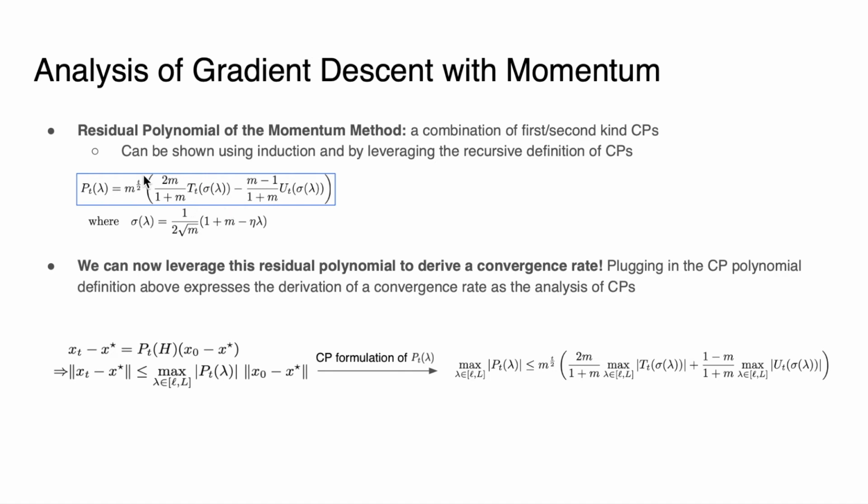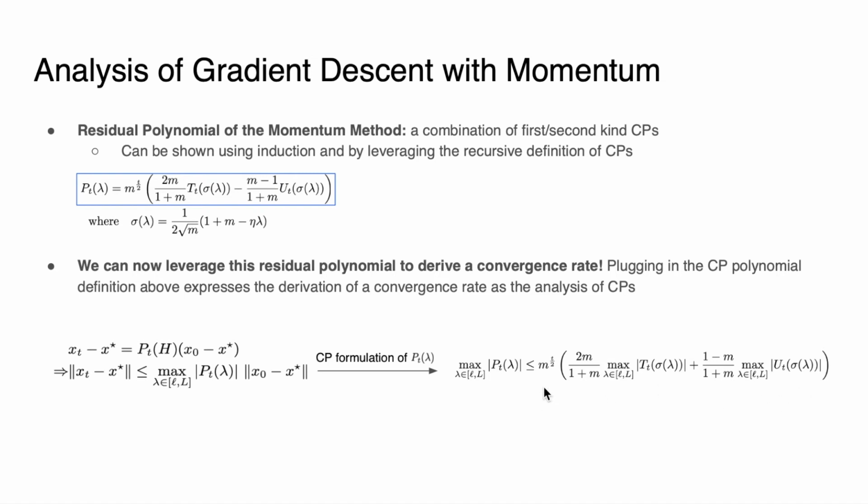If we plug in the definition of our residual polynomial shown here, we see that bounding the value of the polynomial over the eigenspectrum of our objective matrix simplifies to this expression on the right-hand side. And the only unknown terms within this expression are the maximum values of a first kind Chebyshev polynomial and a second kind Chebyshev polynomial.